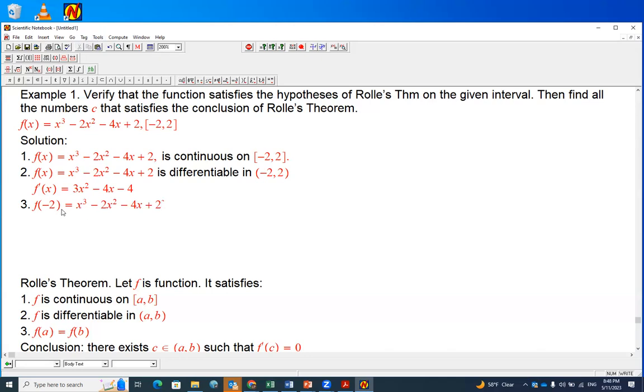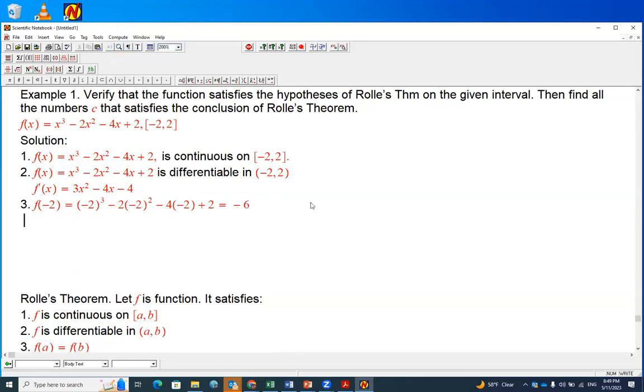Replace x by -2. The parentheses must be present, because if you drop the parentheses, the first one is okay, but the second and third will be a mistake. And evaluate, it's -6.